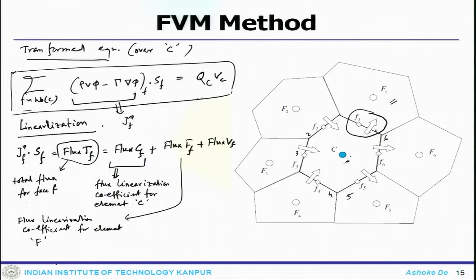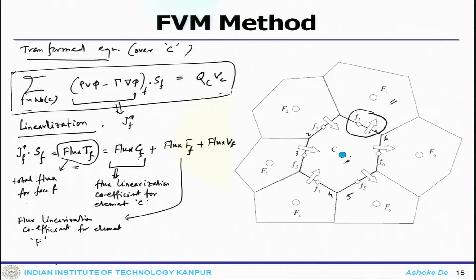algebraic system, you have a loop over all the faces around that particular element. For this particular example, you have to have this loop go from 1 to 6, because you have 6 faces. Now, once you come down to each of these faces, along one particular face, it needs to be linearized between this element and this element.